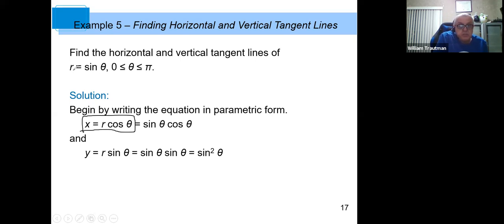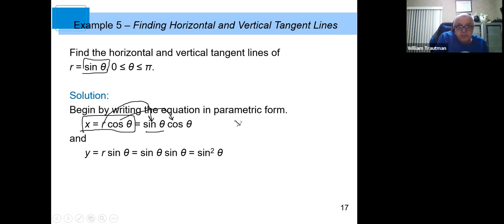If you look here, r in the equation, r equals sine theta. So we are going to replace this r with sine theta. That's what they did here. Cosine theta is the same, but they replaced the r with the sine theta.